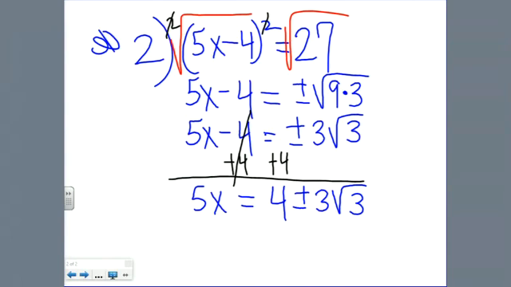And there's nothing you can do to the right-hand side because they're not like terms. The 4 does not have a radical or root 3 with it, so we can't combine anything on the right side. The last step is divide both sides by 5.